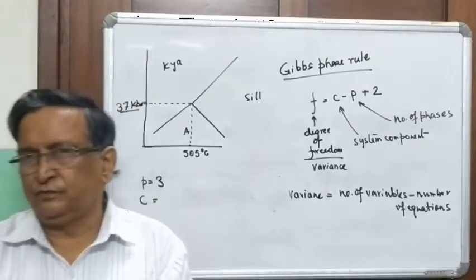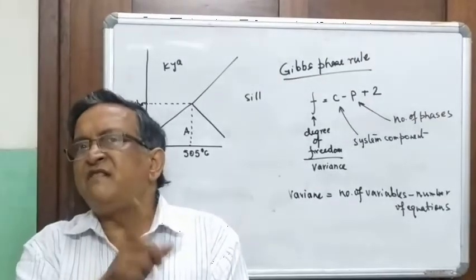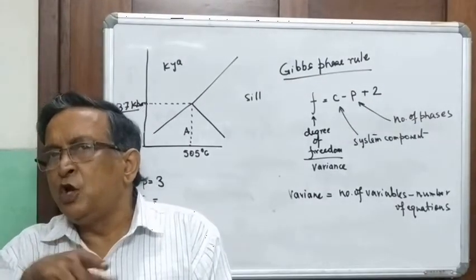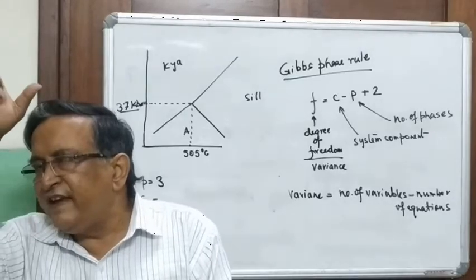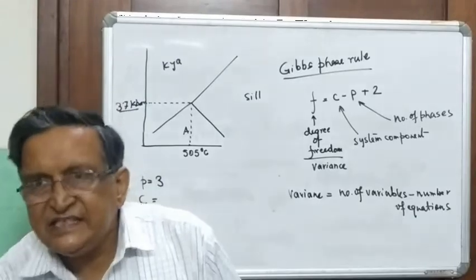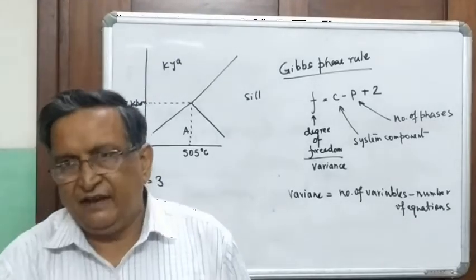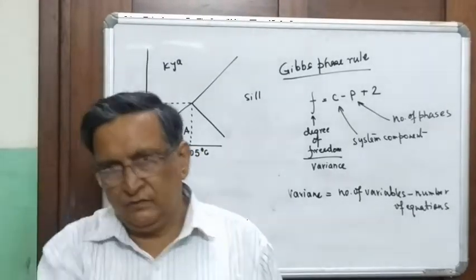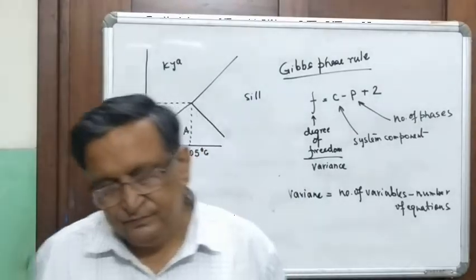Mark my question: what is the variance of the triple point of the Al2SiO5 phase diagram? I told you that C is Al2SiO5. C is 1. He has told you this.